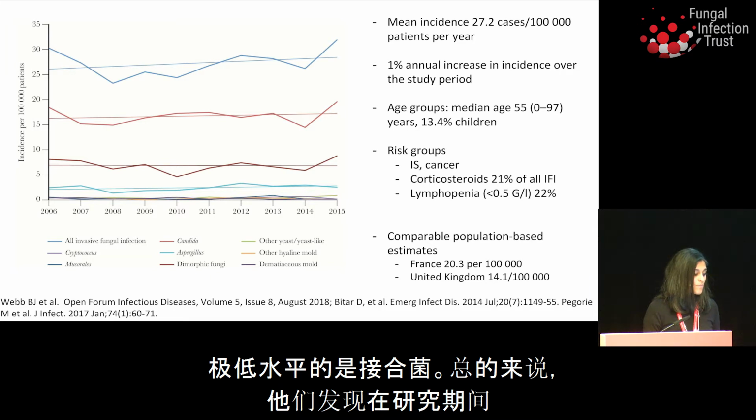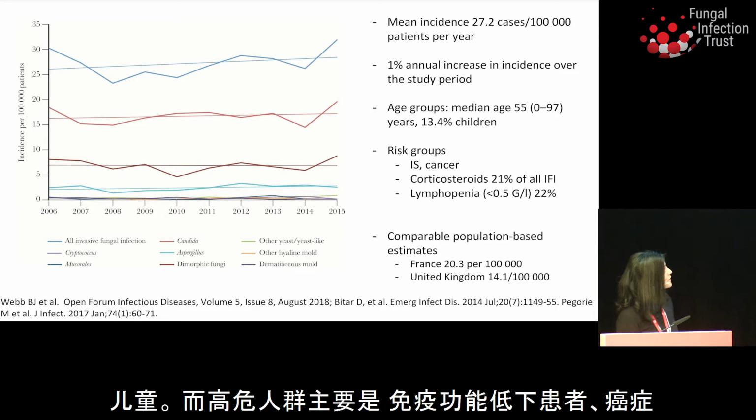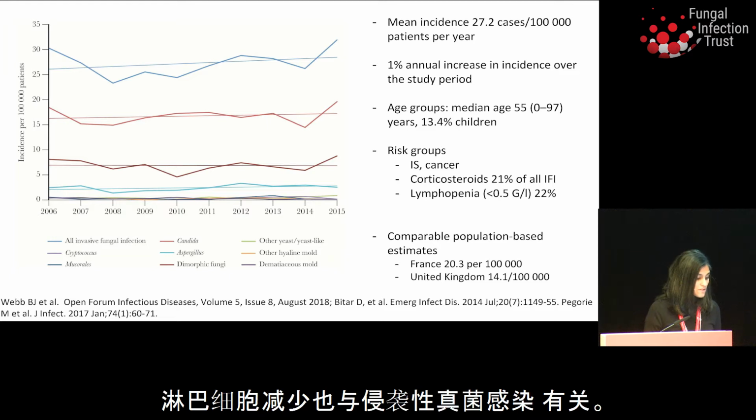Overall, they saw a 1% annual increase in incidence over the study period, and the median age was 55 years. 13% were children, and risk groups were mainly immunocompromised patients and cancer patients. Particularly, 1/5, so 20%, had corticosteroids before, and lymphopenia was also associated with invasive fungal infections in 22%.